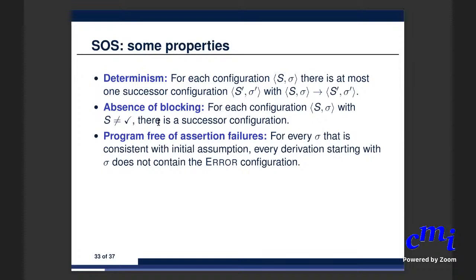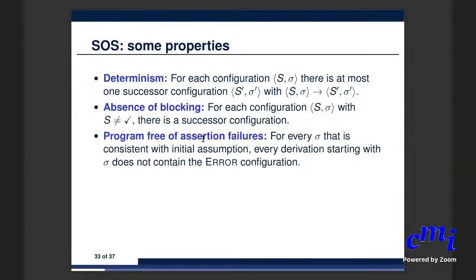Then you may want to ensure that nothing is blocked: for any configuration S and sigma, for any program with any given sigma, it will not yield something which is not a sigma at the end of execution.